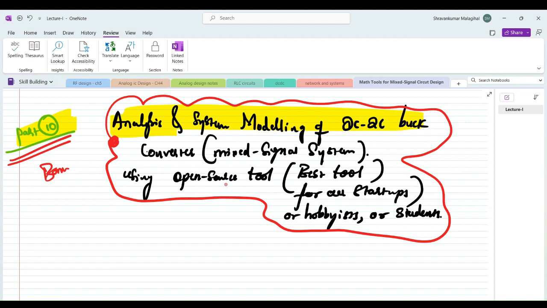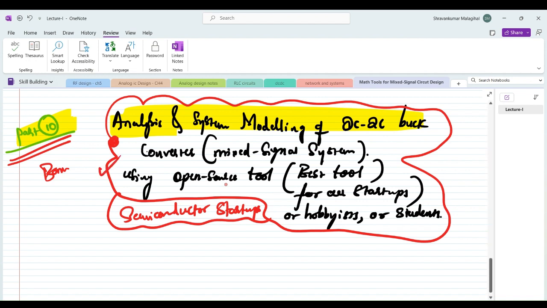This tool can be used by startups, hobbyists, or students, especially semiconductor startups, because of financial considerations. This open source tool can be the best to begin with, to set the specifications for an application and just begin. Once the system specifications are set, you are set to design. So that reduces the cost and the time as well.